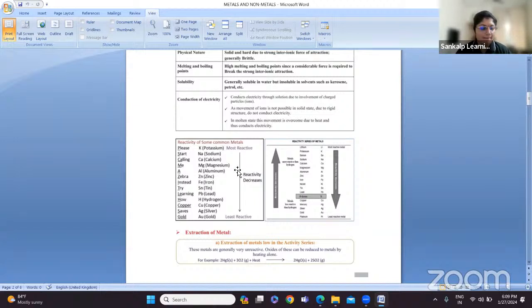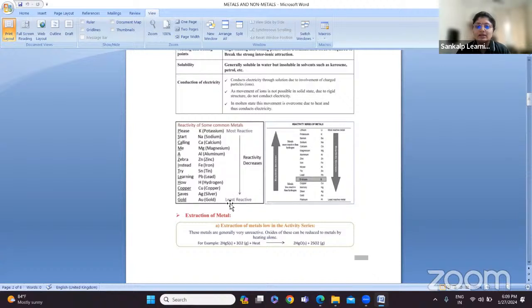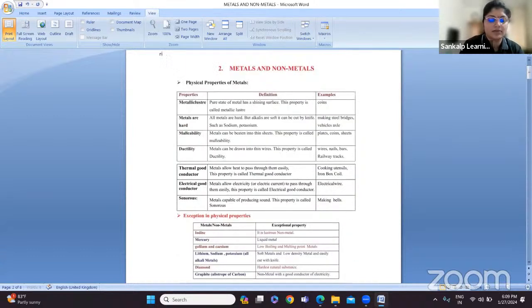Then extraction of metals. How do we extract a metal from a particular series?